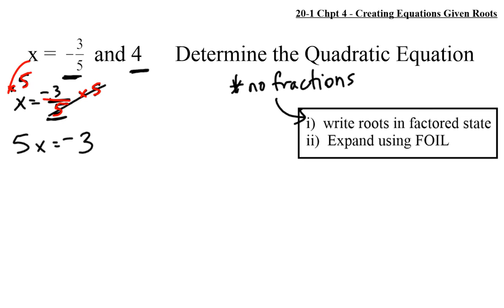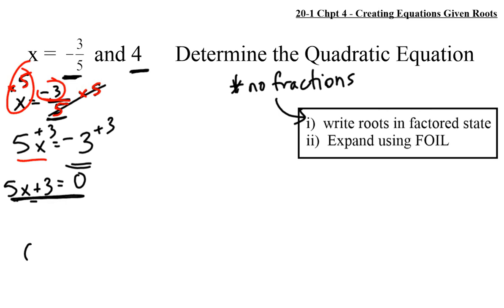And that left us with our 5x, and we still have the negative 3. But at that point, I want it, remember, to be a 0 over here, so we're going to add 3, and we get 5x plus 3.